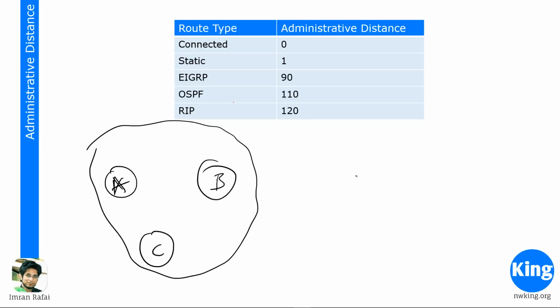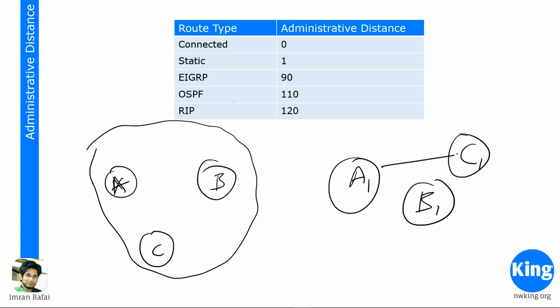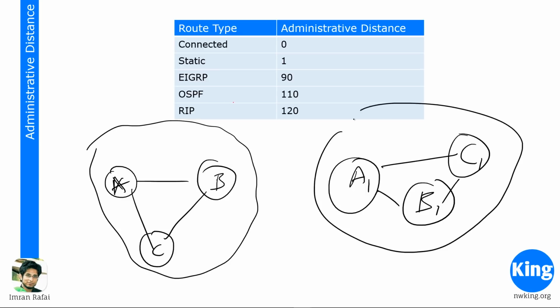So let's assume your company acquired another company which has routers A1, B1 and C1, and then you have A, B, C. Let's assume this old company of yours is company 1 and this is your acquired company, and let's assume you have been using EIGRP and the new company that you have acquired uses OSPF.